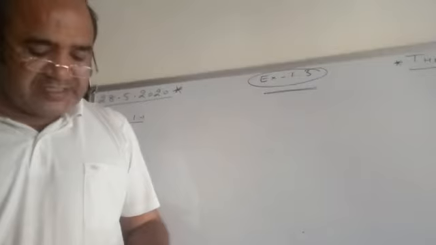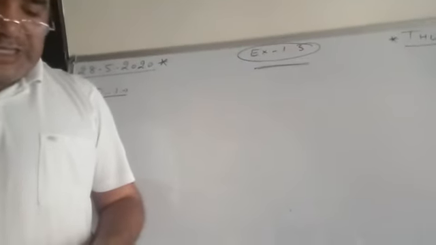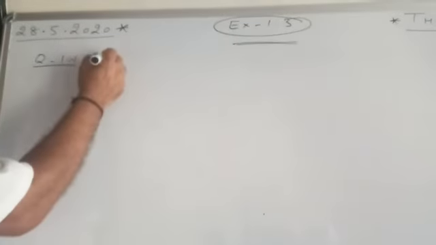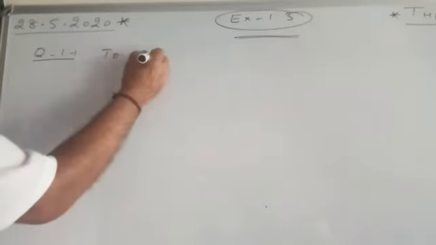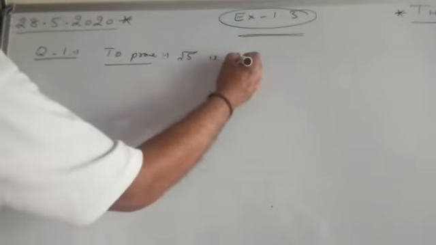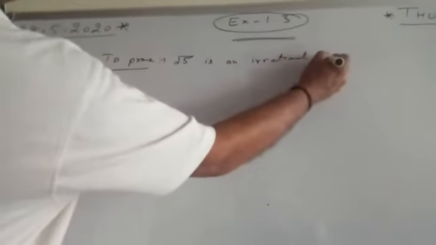Now beta, exercise 1.3, question number 1. Prove that root 5 is an irrational number. For that, to prove root 5 is an irrational number, proof.